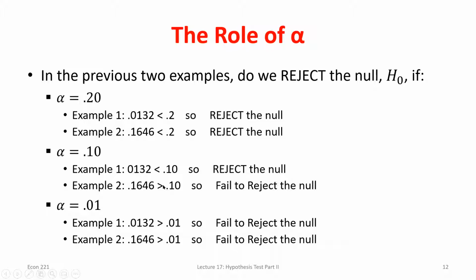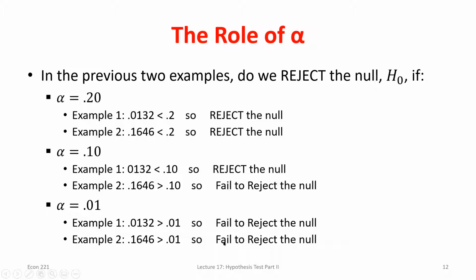But if we look at our more conventional benchmark values, the alpha of 0.1, we're not less than 0.1 here. In fact, we're greater. So we fail to reject at that 10% significance level, or we fail to reject with 90% confidence. And if we're greater than 0.1, we're definitely not going to be less than 0.01, so we fail to reject at that level as well.